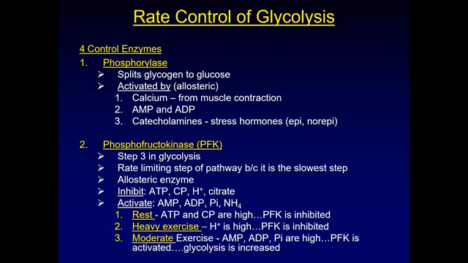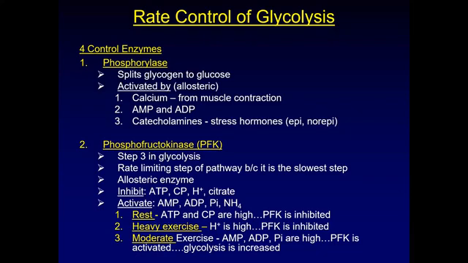So phosphorylase is meant to bind glycogen. Great. However, calcium, AMP, ADP, as well as epinephrine and norepinephrine can all bind onto phosphorylase. When any of those things bind to phosphorylase, they make the enzyme more active.